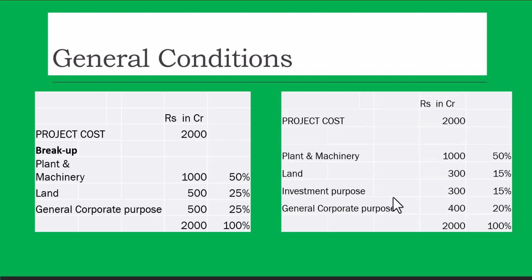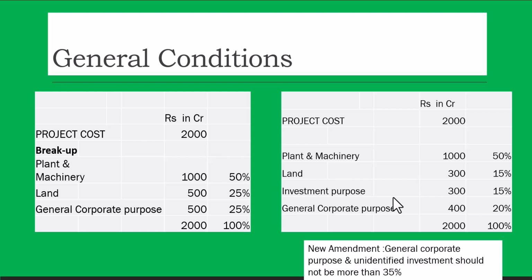Now look at this second example. Plant and machinery, 1,000 crores, land 300 crores, investment purpose. Here also they have not specified; they said they're going to invest the money. And general corporate purpose, 400 crores. Now there is a new amendment: general corporate purpose and unidentifiable investment should not be more than 35%.